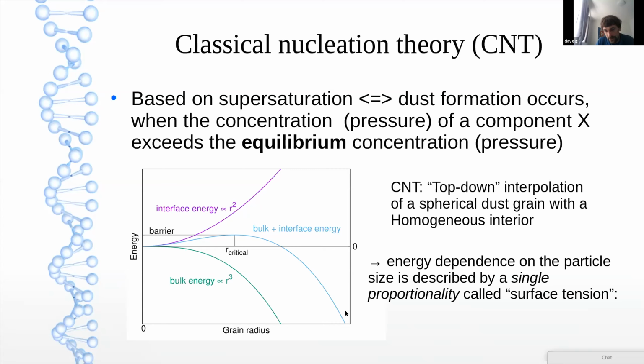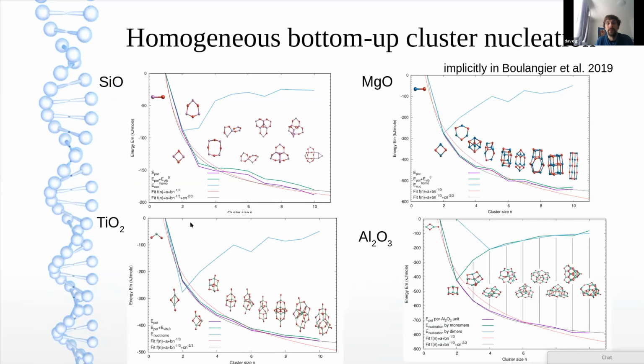If we compare this classical nucleation prediction with a homogeneous bottom-up nucleation that we looked at together with Jels, then you see that all of these cluster energies, depicted in the violet line, very roughly follow this red line, which corresponds to the classical nucleation theory fit.